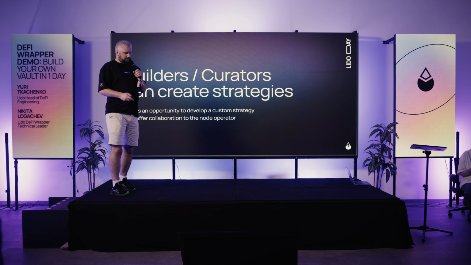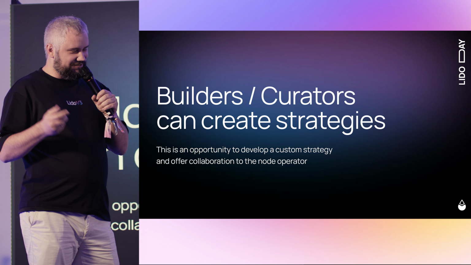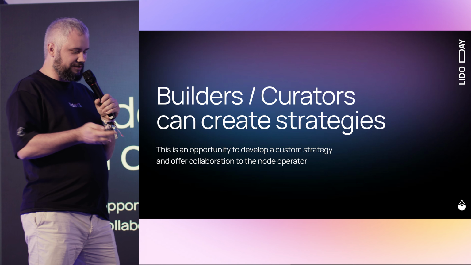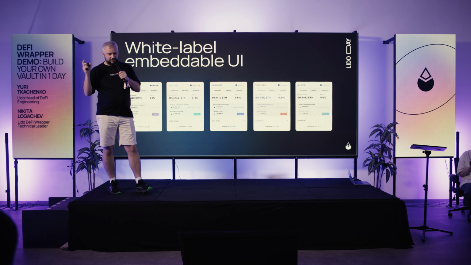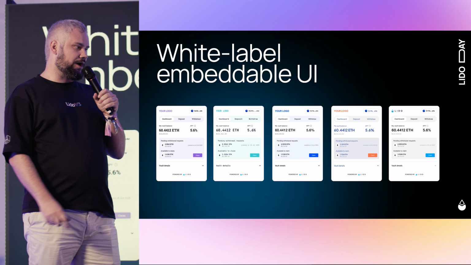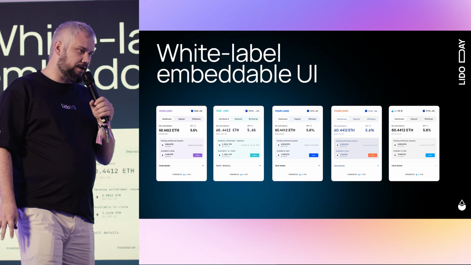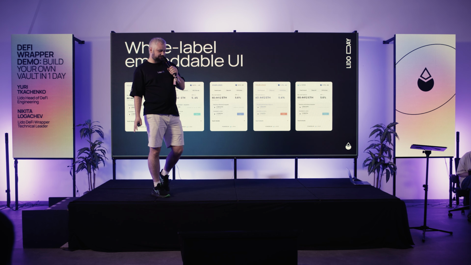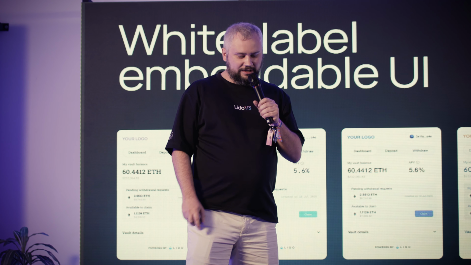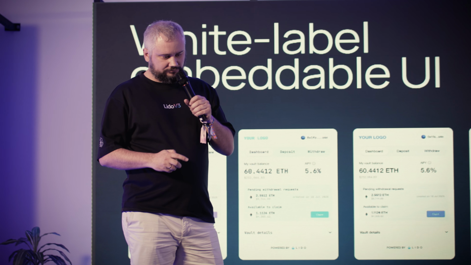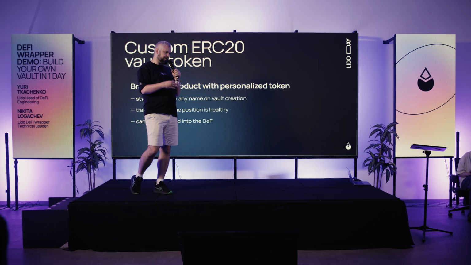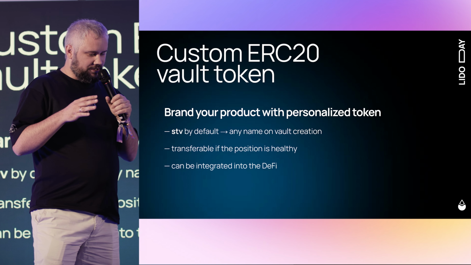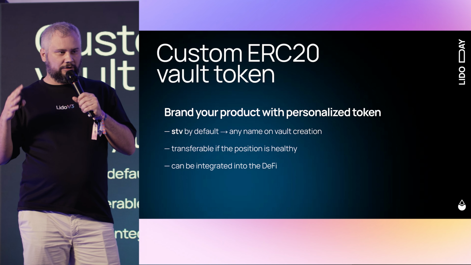DeFi Wrapper is a great primitive that you can use to build any strategy-based products on top of vaults. Also, DeFi Wrapper has a white-label embeddable UI, so you can fully customize it, like logos, fonts, and anything. It comes out of the box as an ERC20 token that can be used inside DeFi. It is customizable and transferable when the vault is in a healthy position.